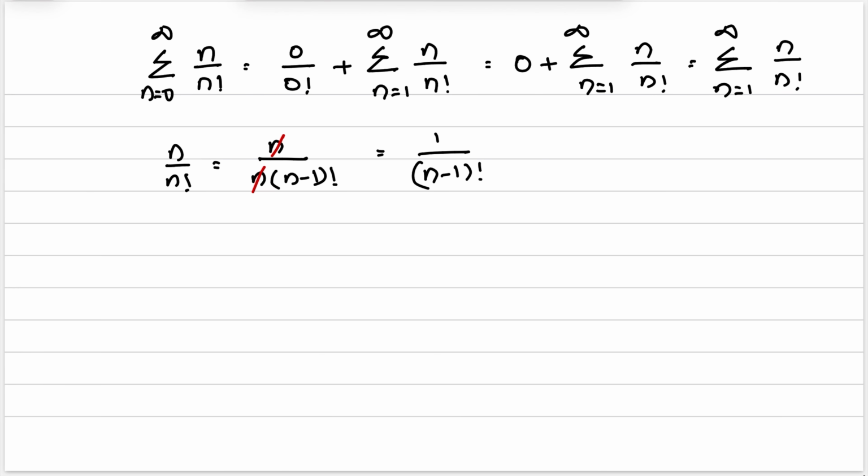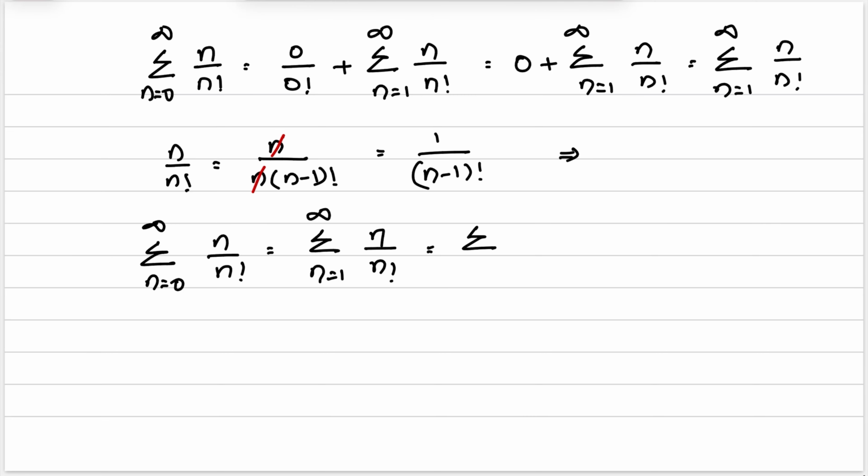That means sigma n is equal to 0 to infinity n by factorial n is equal to sigma n is equal to 1 to infinity n by factorial n, that is equal to sigma n is equal to 1 to infinity 1 by n minus 1 factorial.